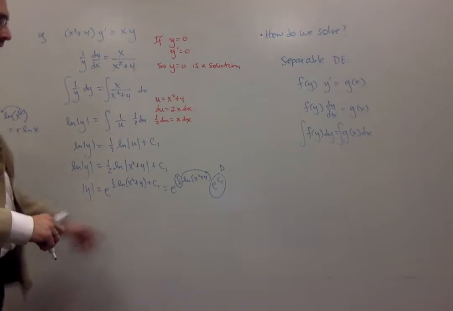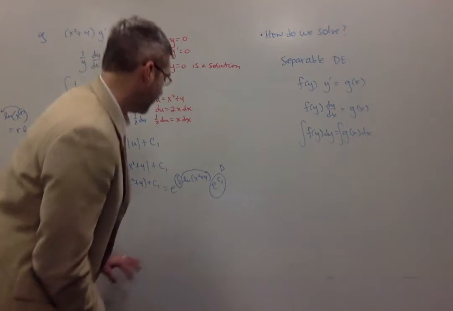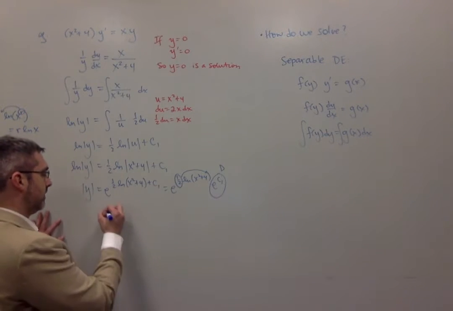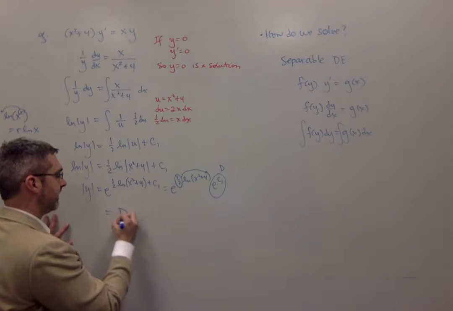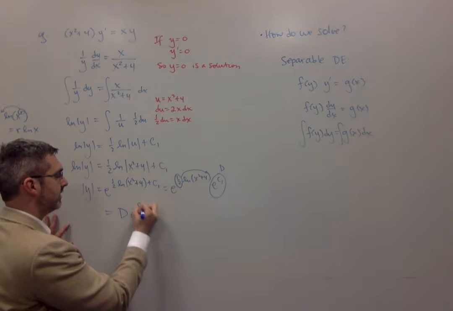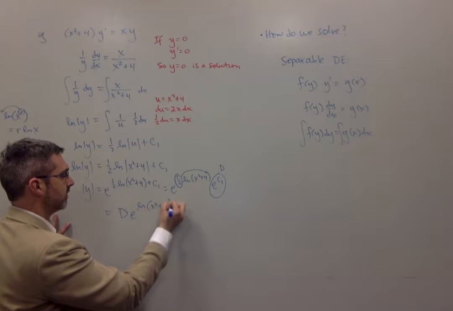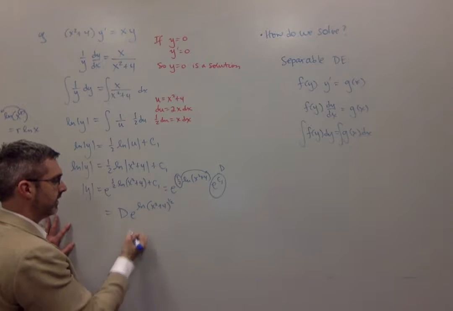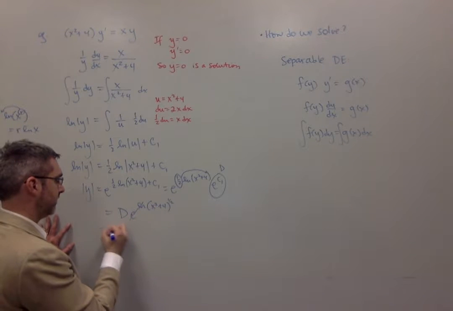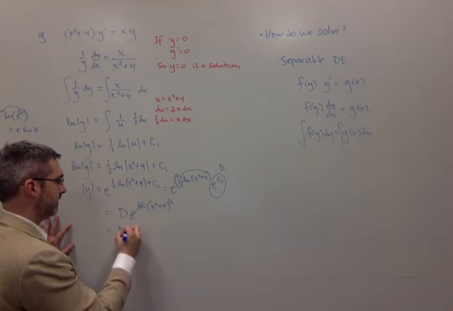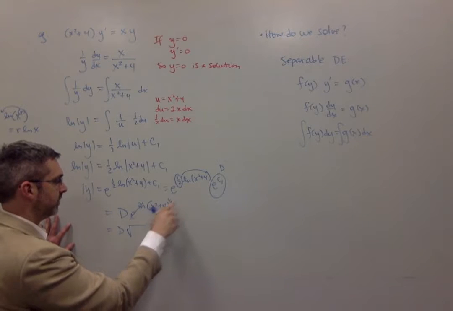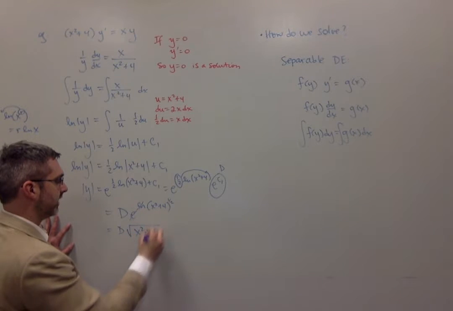So I'm going to take that 1/2 and stick it up here as a power. So we've got that d times e to the natural log of x squared plus 4 to the 1/2. And now the e and the natural log cancel, so we actually get d times this thing to the 1/2, which means the square root of x squared plus 4.